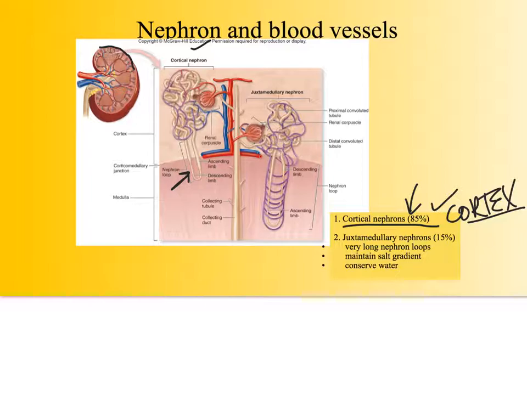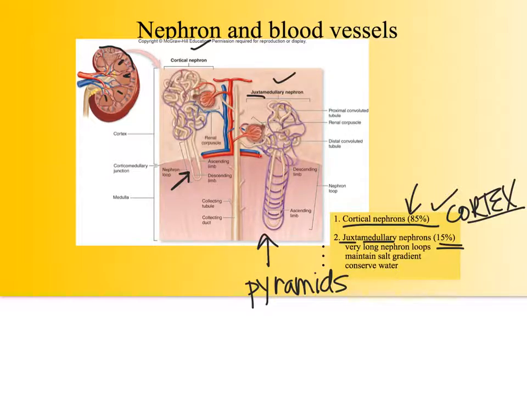Now the other kind of nephron are called juxtamedullary. Juxta, like juxtaposition, they're close to the medulla. These guys are going down into the pyramids. If you look up here, they're going to be going down into this part. Those are the juxtamedullary. Only 15% of them go down into the medulla.